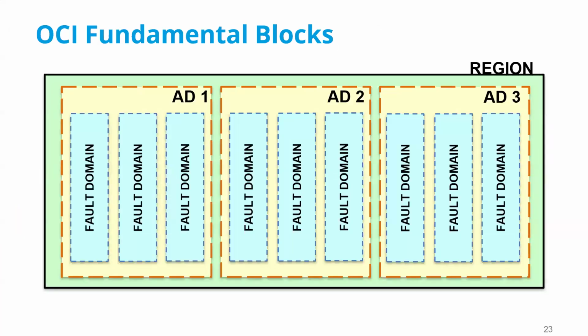Okay, so this is the OCI fundamental block. We have regions, we have availability domains, and we have fault domains in each availability domain. There are 3 fault domains in each availability domain.